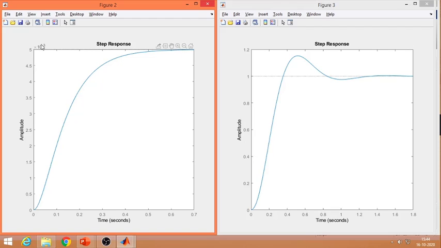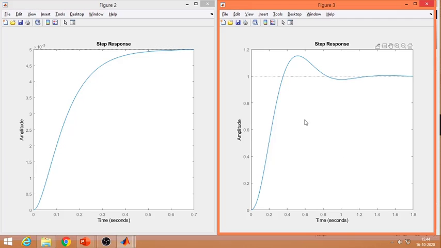Here the steady state value was 5 into 10 raised to minus 3, but with the PID controller our steady state value is 1, and it is settling at about 1.4 seconds. This one is settling at 0.7, but definitely we have a very large steady state error there. It is nearly equal to 0.005, which means it's nearly 0.